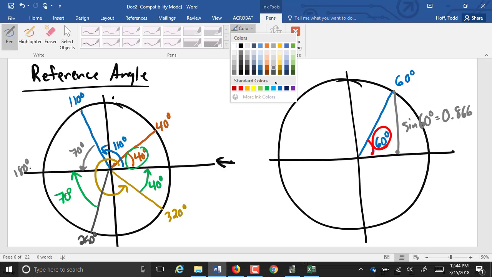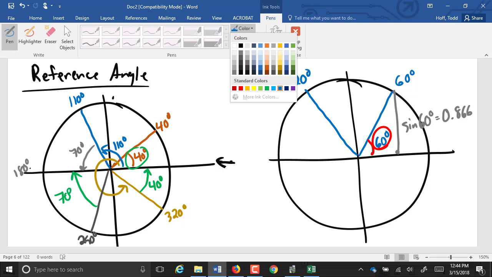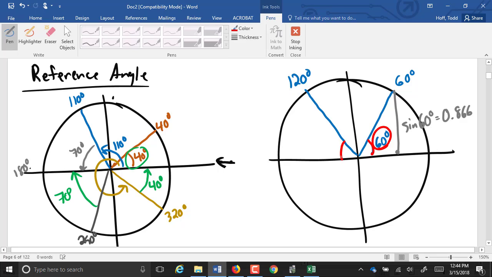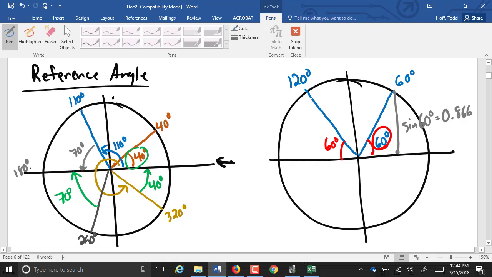Well, let's take a look at another angle over here. This angle is 120 degrees. What is its reference angle going to be? 60 degrees. Somebody type in the sine of 120 for me. Yeah, sine of 120 degrees also equals 0.866.